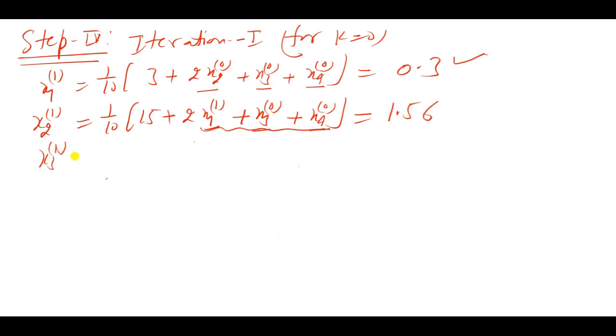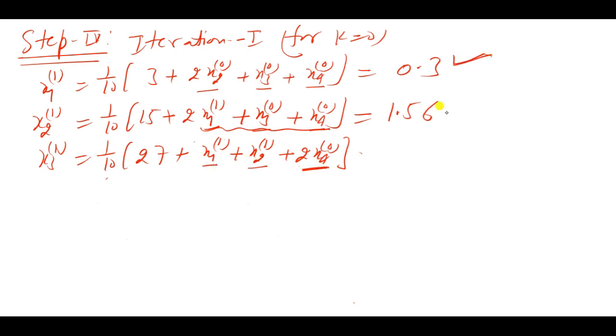Now x3^(1) is 1 by 10 (27 plus x1^(1) plus x2^(1) plus 2 x4^(0)). x4^(0) is 0, but x1^(1) is 0.3 and x2^(1) is 1.56. Substituting all values in this expression and simplifying with the calculator, this value is 2.89.